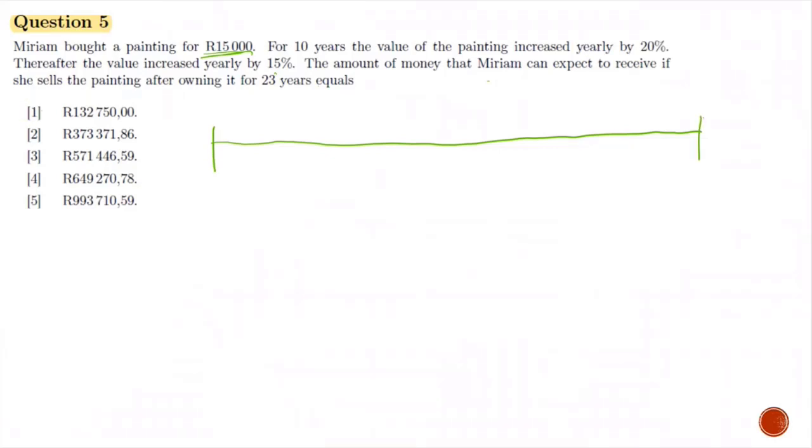Now this woman buys a painting. That is your present value. This is your first present value here, 15,000. Then this continues for 10 years, which is your N1 equal to 10 years.